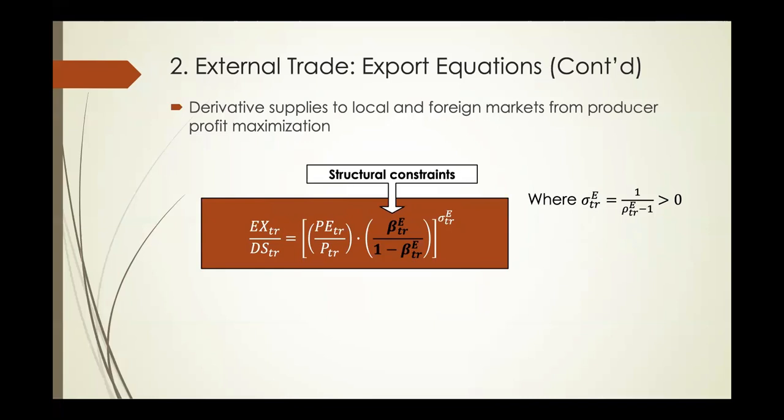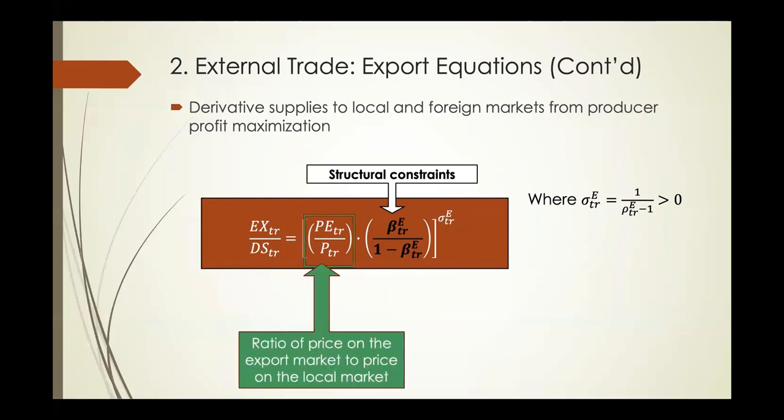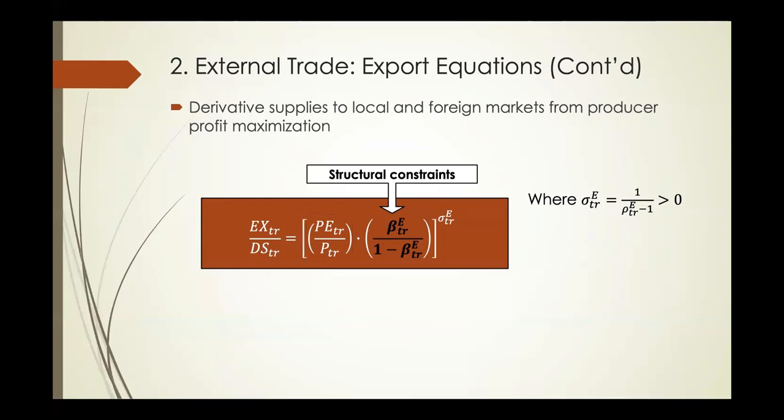These are structural constraints. The second element is the elasticity of transformation, which measures the sensitivity of the ratio of supplies to the ratio of prices. The third element is the relative prices: the price paid on the foreign market relative to the price paid on the local market.